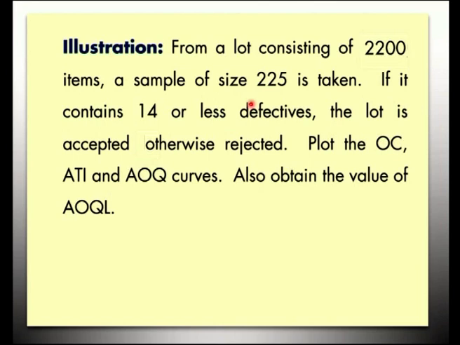From a lot consisting of 2200 items, a sample of size 225 is taken. If it contains 14 or less defectives, the lot is accepted, otherwise it is rejected. So, plot the OC, ATI and AOQ curves, also obtain the values of AOQL.